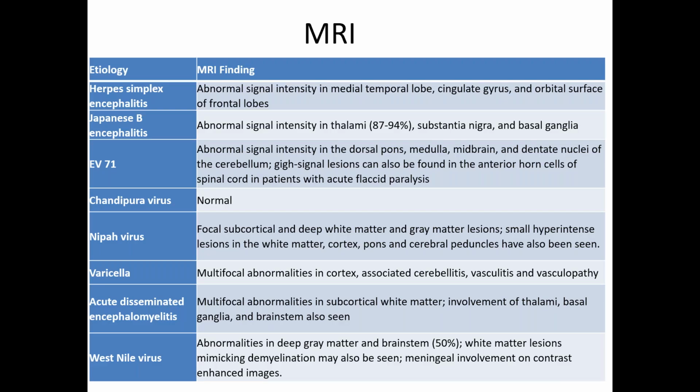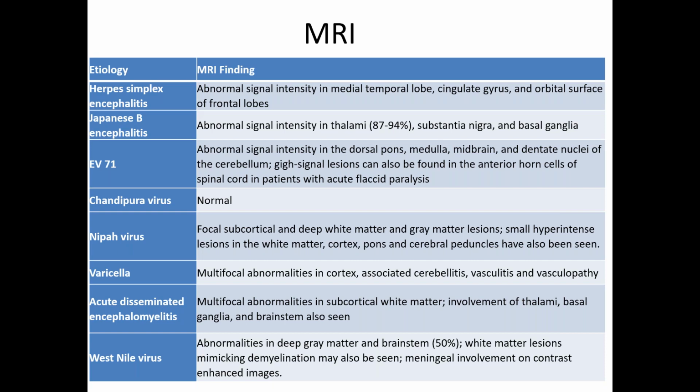So as you know, these are just in brief the various kinds of MRI findings which can happen, and the MRI findings vary somewhat as per the viral etiology. For example, in HSV there will be temporal lobe localization. In flavivirus or eastern equine virus, there are lesions in the thalamus, basal ganglia, and midbrain. In enterovirus, there are T2 hyperintense and FLAIR lesions in the midbrain, pons, and medulla.